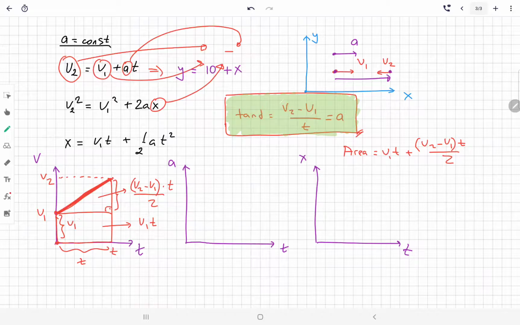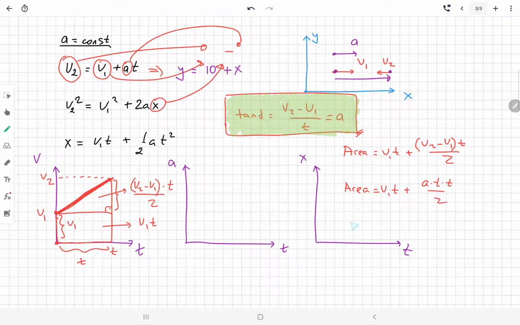Let's see, can we explain it in terms of physics? Let's try. Here, v2 minus v1 can be described as a times t. So v final minus v initial equals a times t. So let me replace v2 minus v1 with a t. Area equals v1 t plus a t times t over 2.